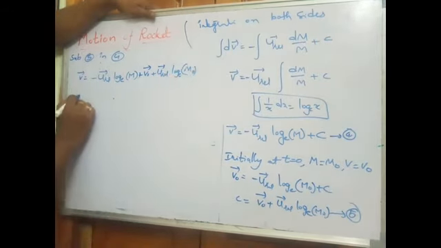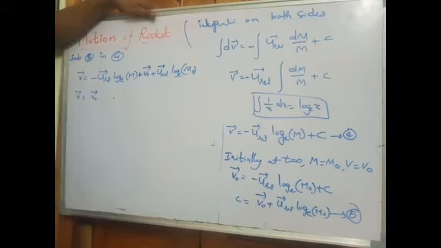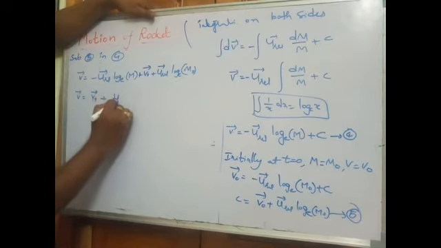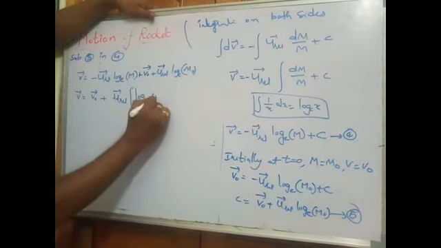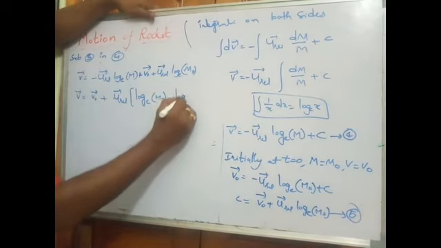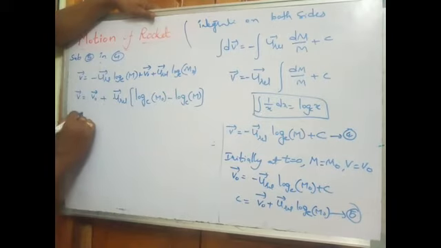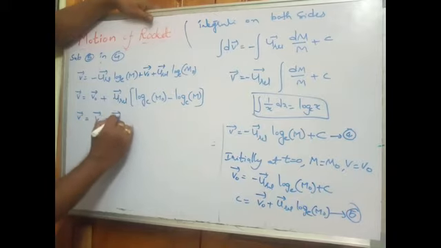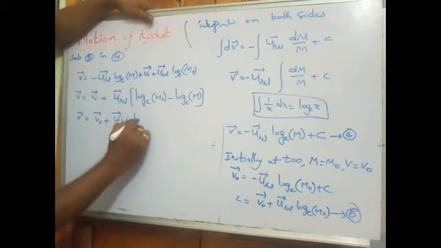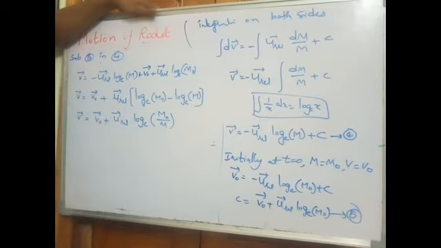Taking the relative velocity common, v bar equals v naught bar plus u relative into log e m naught minus log e m. So v bar is equal to v naught bar plus u bar relative into log e m naught by m. This is a very important equation.